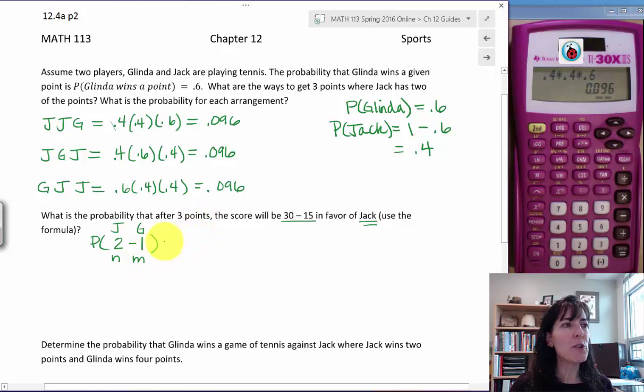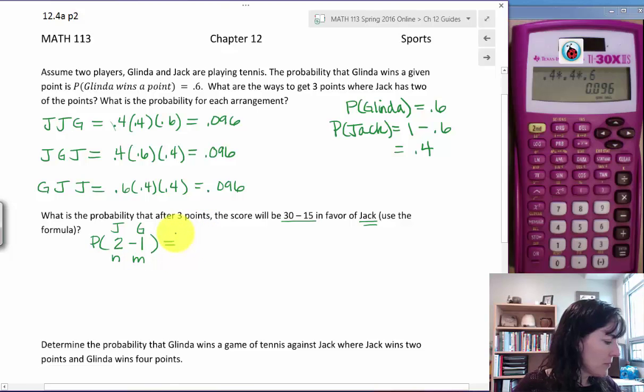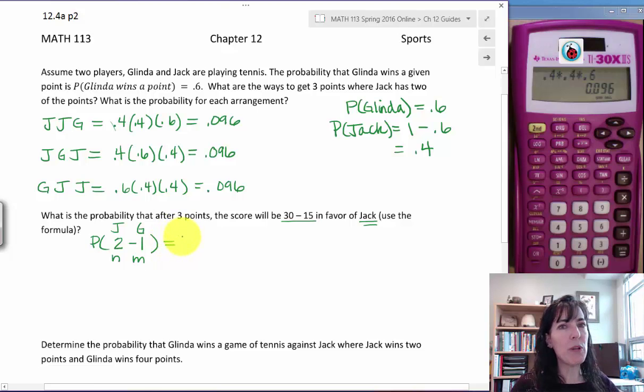So the formula, remember, we like to write out the formula first before plugging values into it, just so that we can see what we have.